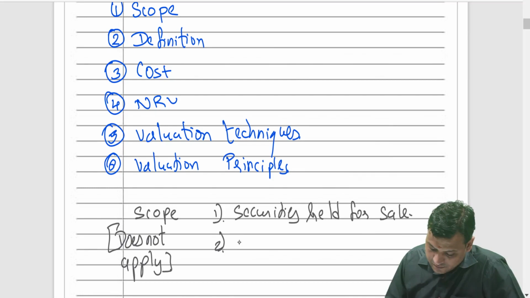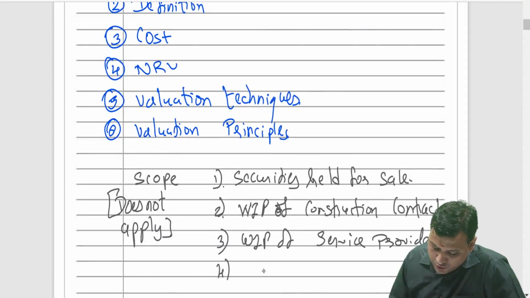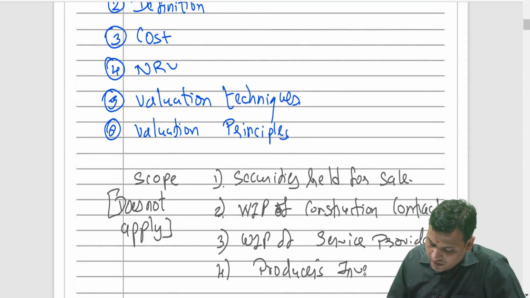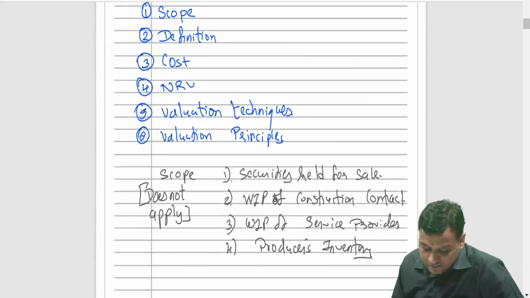Second, work in progress of construction contract. Third is work in progress of service provider, and remember the last, producer's inventory. Yeah, I'm a cattle grazer, a farmer, then the items of inventories will not be covered under this standard.